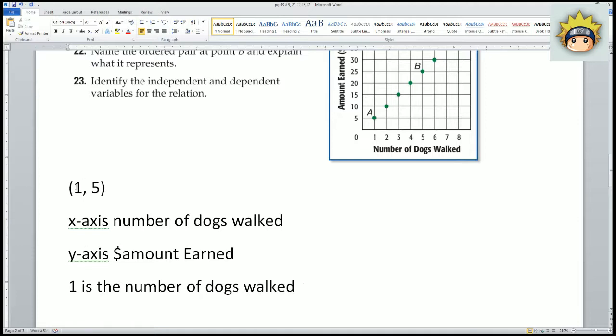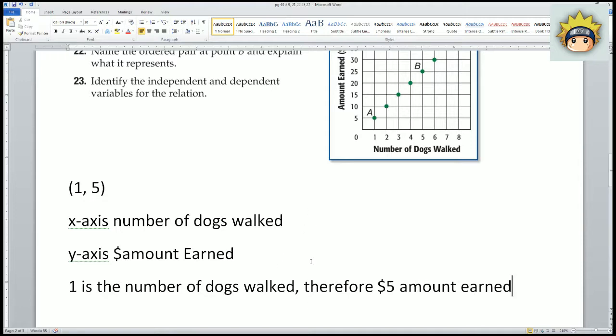Okay, so do you see the number 1 here was the x-axis number, and that is the number of dogs walked. Therefore, the output is the dollar amount earned. Therefore, $5 is the amount earned.